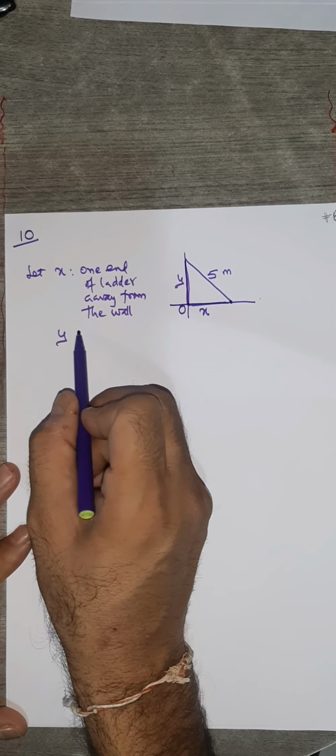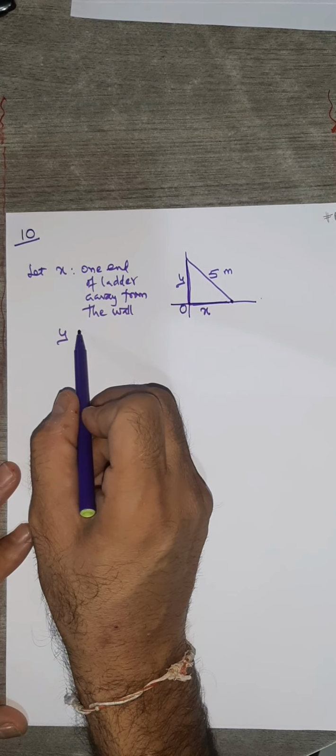So I'll take Y as the height at which your ladder touches. Fine, we have introduced these two variables X and Y. Let me call this A, for example. This is B, so this is a triangle AOB, which is obviously a right angle triangle.